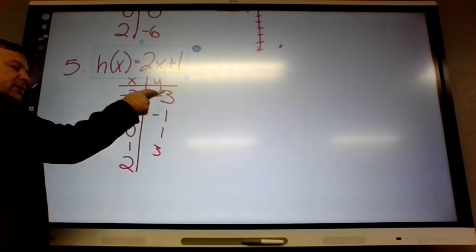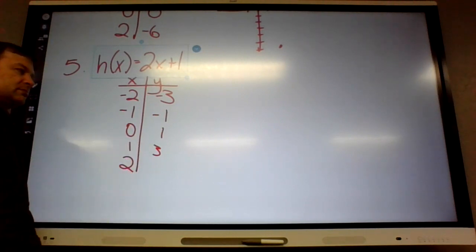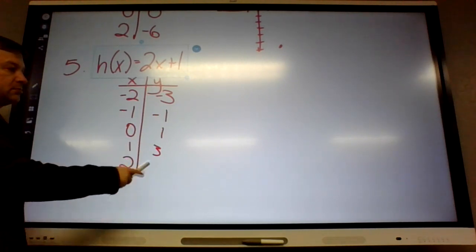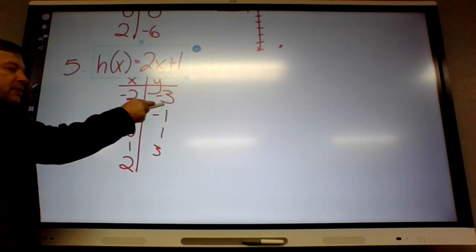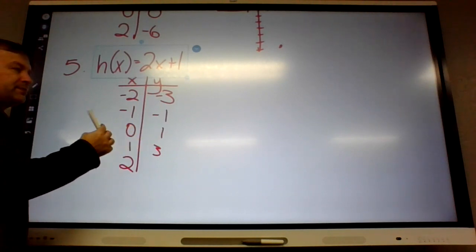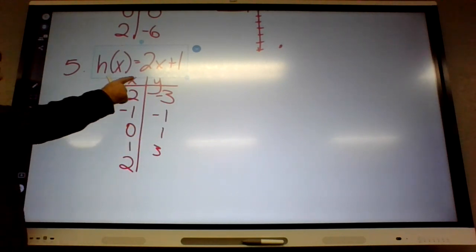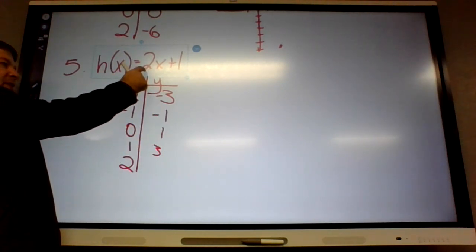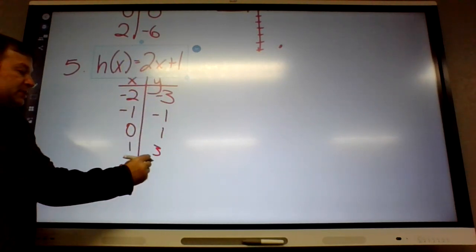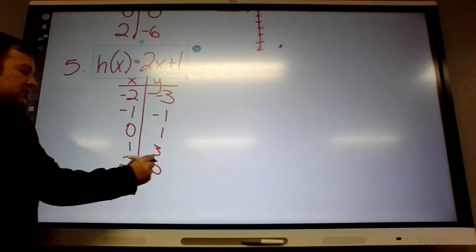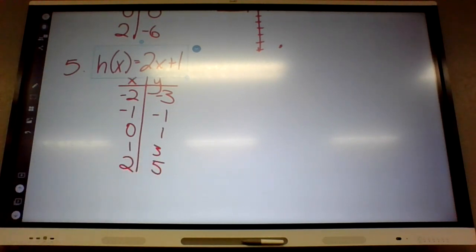Do you guys see a pattern here yet? Yeah. What's the pattern? Negatives on top. Well, yeah. How much are they increasing by? 2. It's because they're multiplying the x value times 2 every time. So the values are increasing by 2. So this one should be 5.